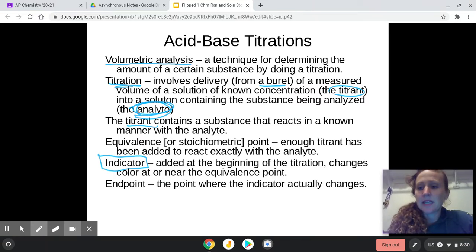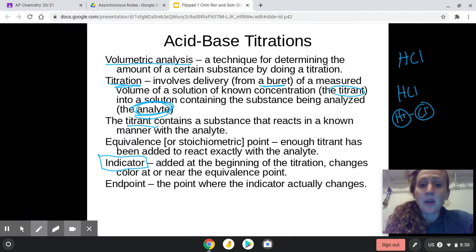Just to give you an idea, for example, if HCl was our indicator, which HCl is not an indicator, but let's pretend it is. If you had HCl, the molecule, that would be your acidic form, because you have the H plus attached.